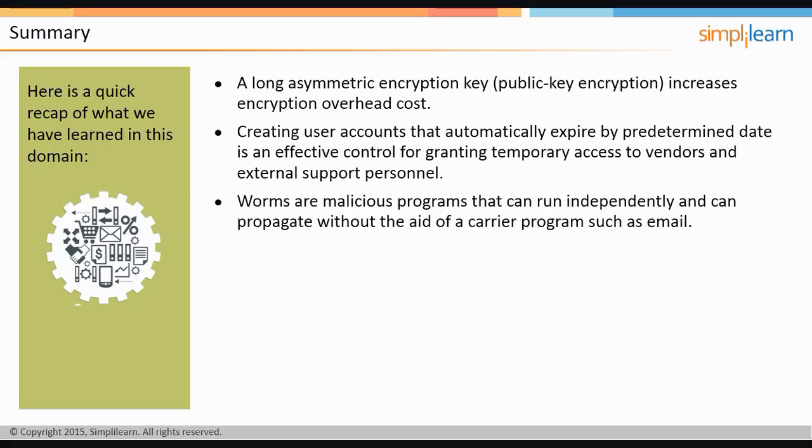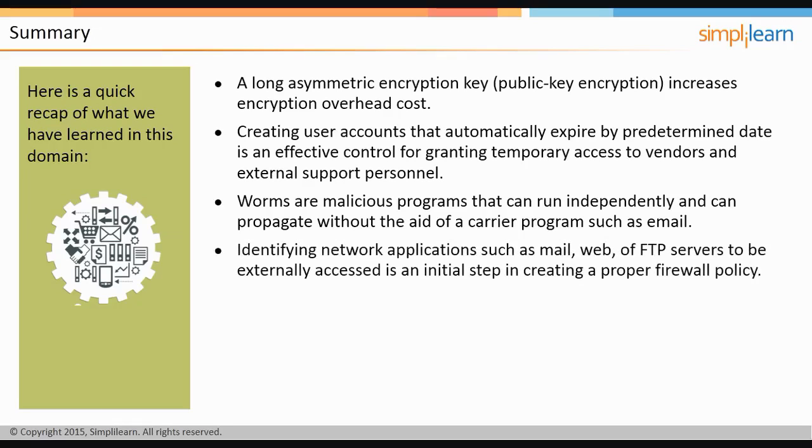Worms are malicious programs that can run independently and can propagate without the aid of a carrier program such as email. 4. Identifying network applications such as mail, web, or FTP servers to be externally accessed is an initial step in creating a proper firewall policy.